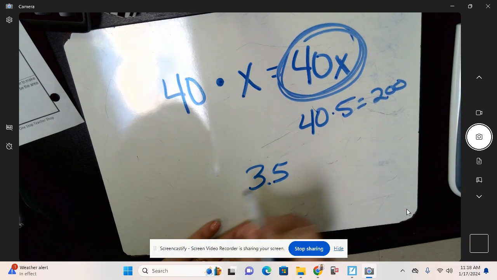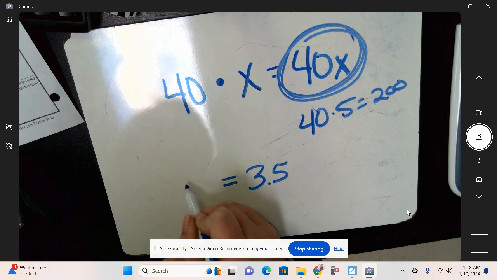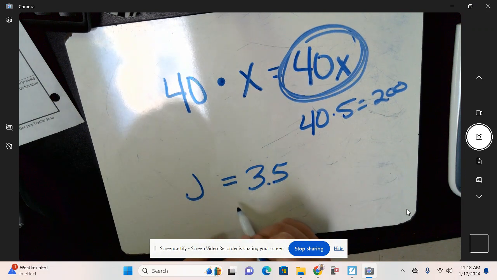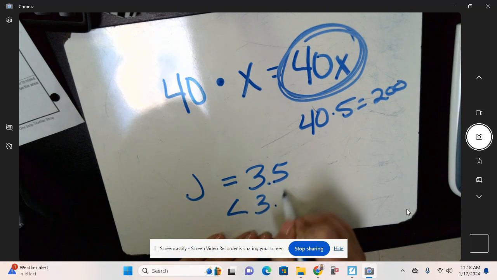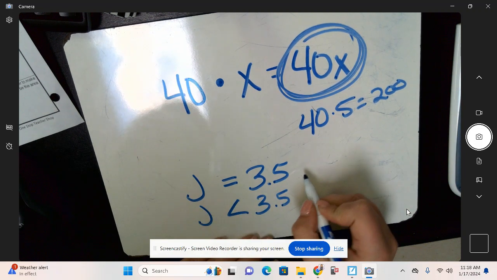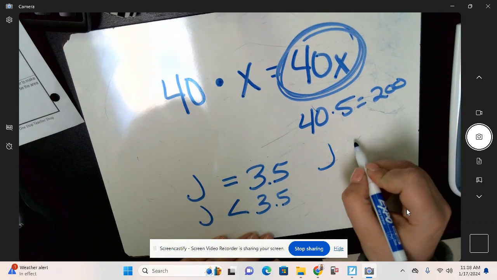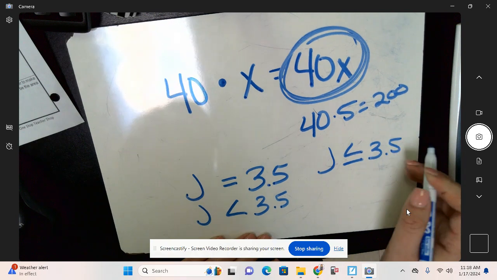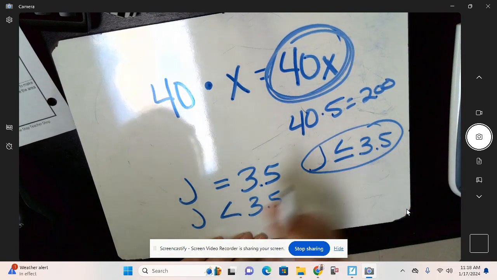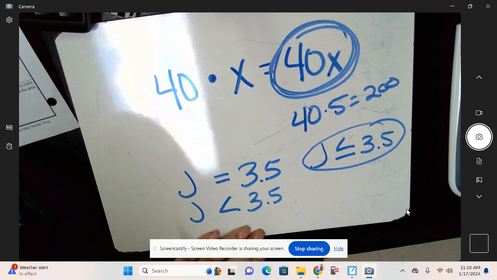So he could run exactly 3.5, or he could run less than 3.5. So when we put those together, it would be Jonathan can run less than or equal to 3.5 miles. So this would be our inequality for number 15.